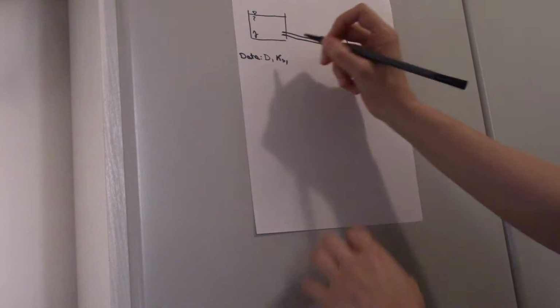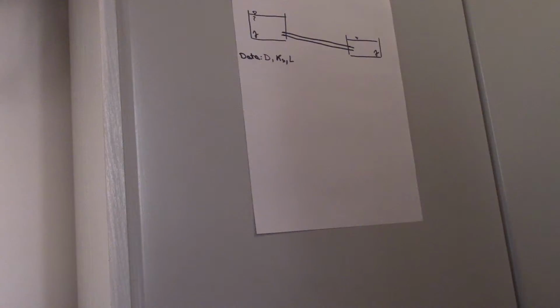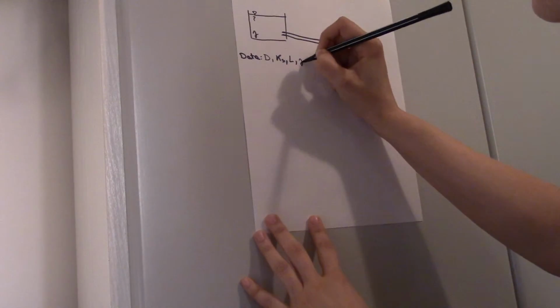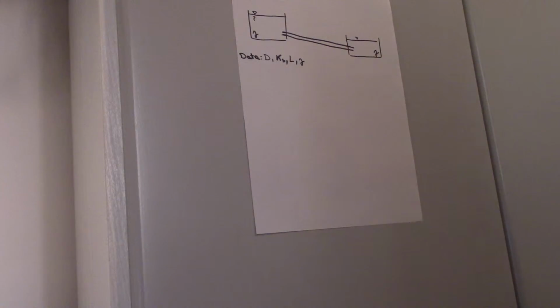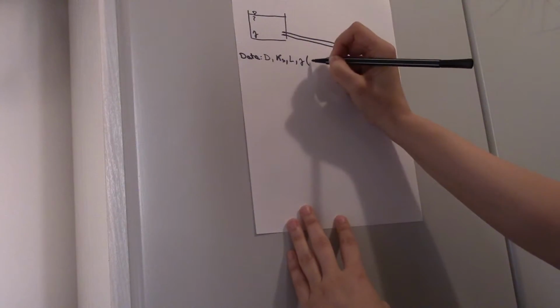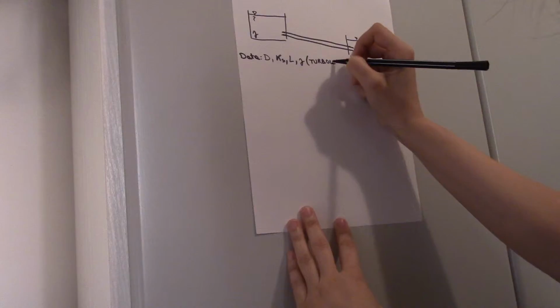The length of the pipe, L, its dimension. And we know, of course, the kind of fluid inside the tanks, so we know that it's water. We are assuming that the flow is moving inside the pipe following a turbulent regime.